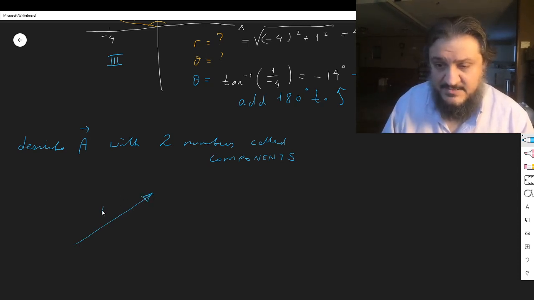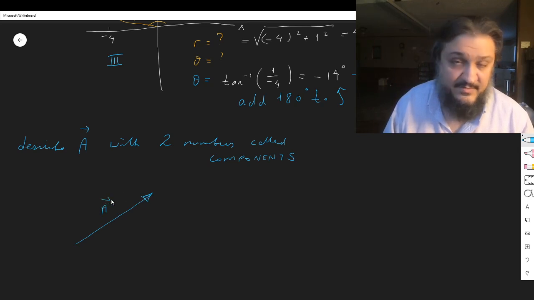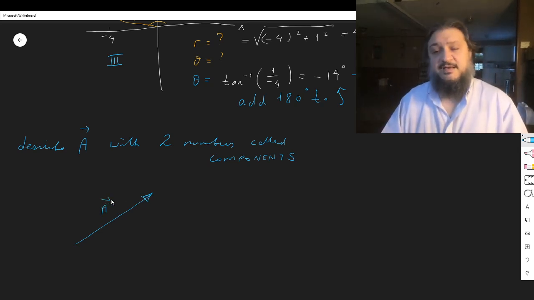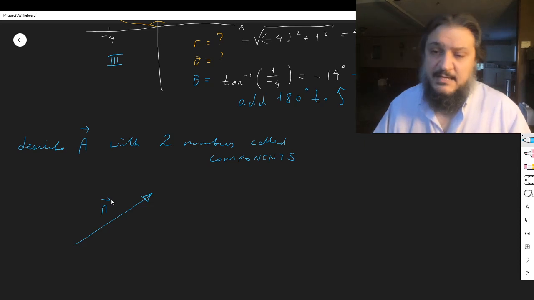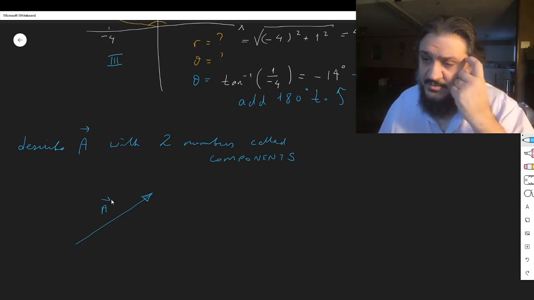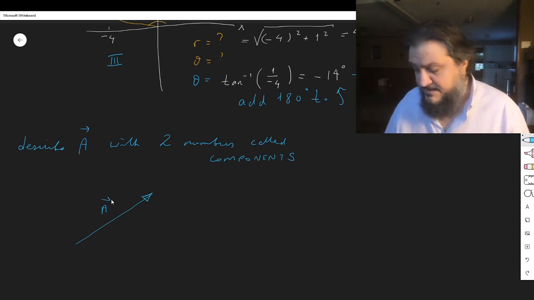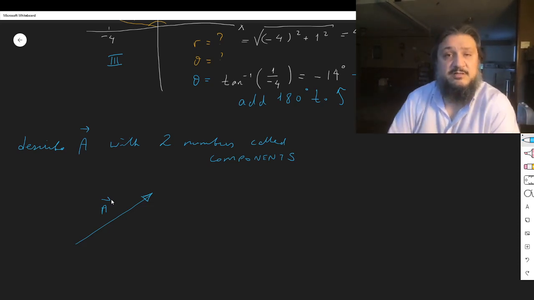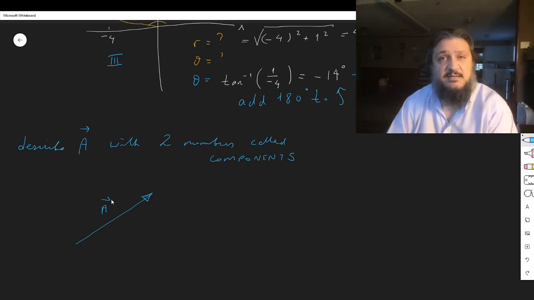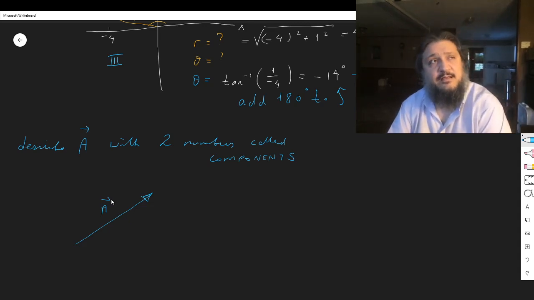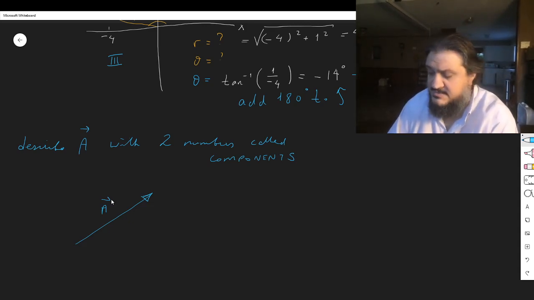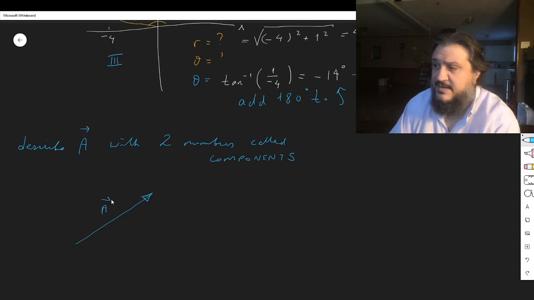But once we have this established, I don't need to draw it every time. Given a vector A, can I uniquely determine this vector using just two numbers? That's the idea. And we've already seen the coordinate axes, so let's start with that. Can I come up with two lines to describe this vector?